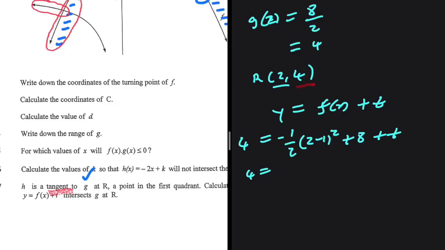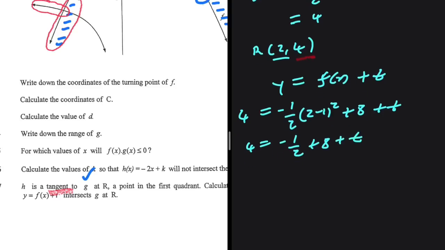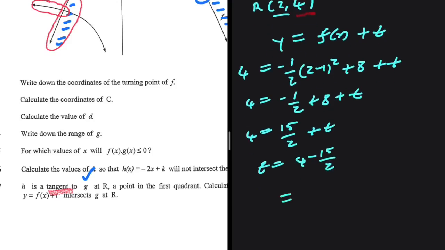So we just have minus 1 divided by 2 plus 8 plus t. So 4 is equals to, what is minus 1 divided by 2 plus 8? That is 7.5, which is just 15 divided by 2. So we have 15 divided by 2 plus t. t should be equals to 4 minus 15 divided by 2, which is just equals to minus 7 divided by 2.